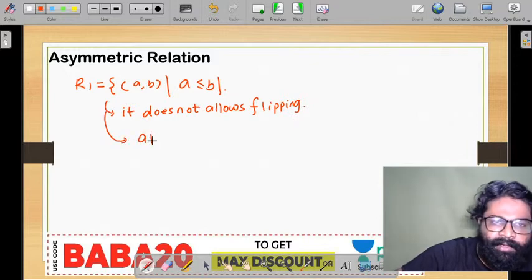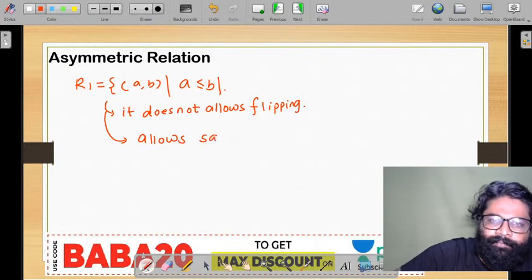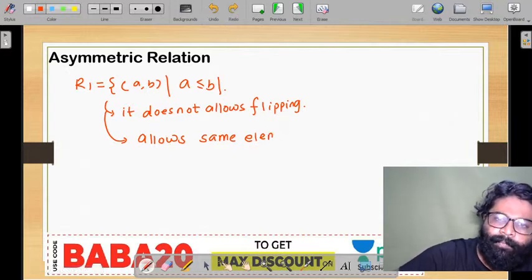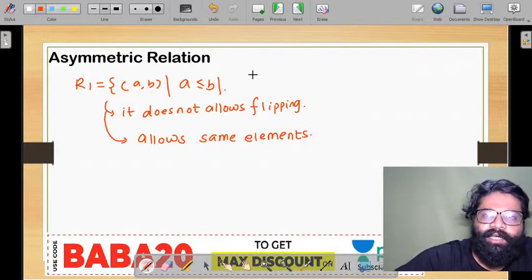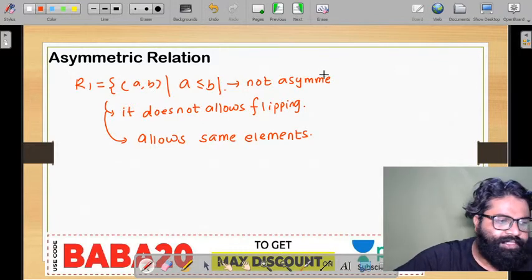It allows the same element, so asymmetric will get angry. Asymmetric does not want that. Hence it will not become an asymmetric relation. It is not an asymmetric relation.